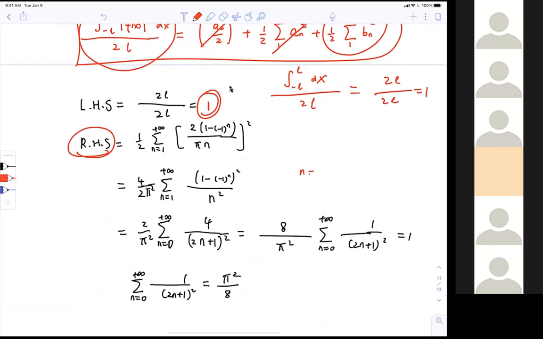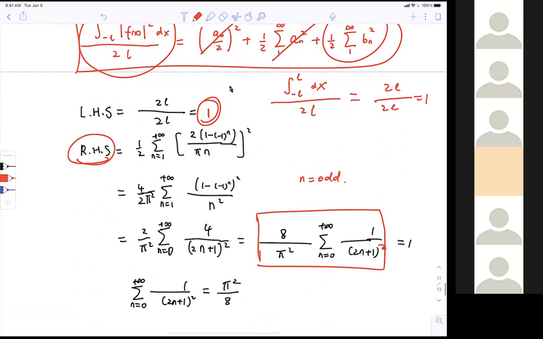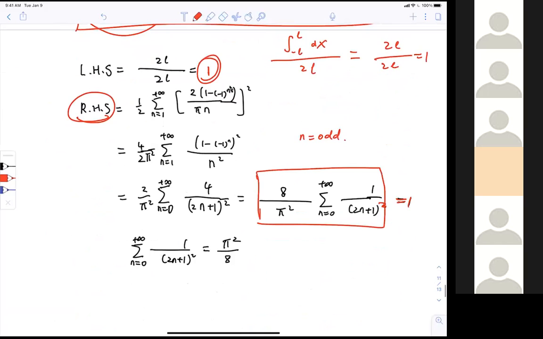Similarly, only n equal to odd gives a non-zero value, so it's kind of similar to what we did before. This n becomes 2n plus 1 and becomes a factor 4, and you simplify your results. You get this sum, and the left-hand side equals the right-hand side, so this sum equals 1. So this tells us the final result is pi squared over 8.